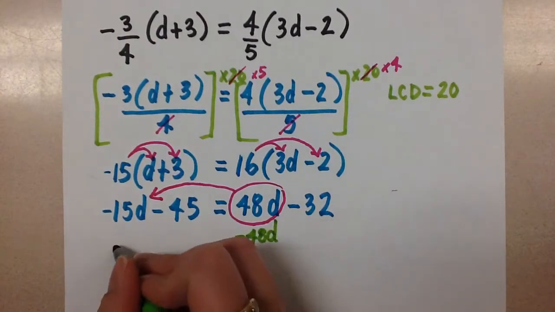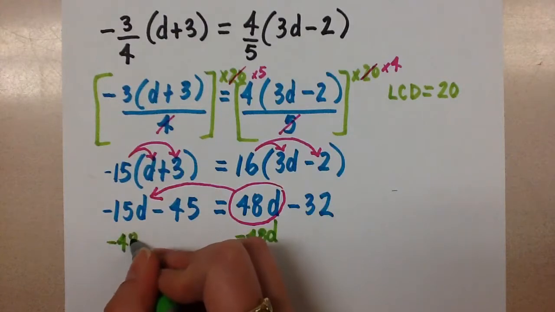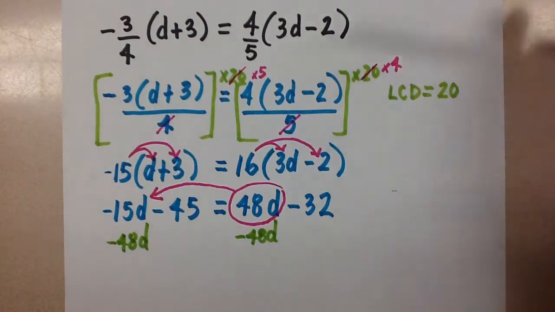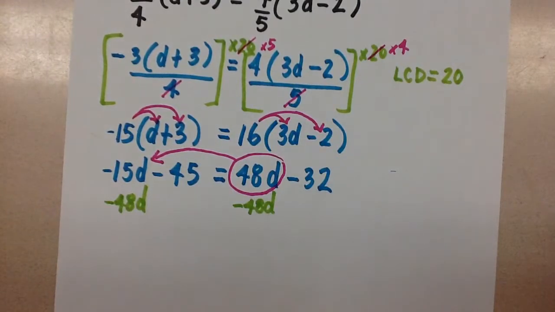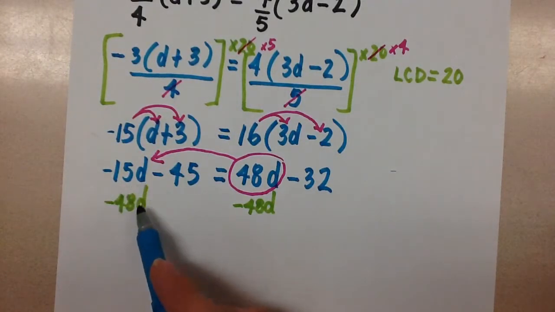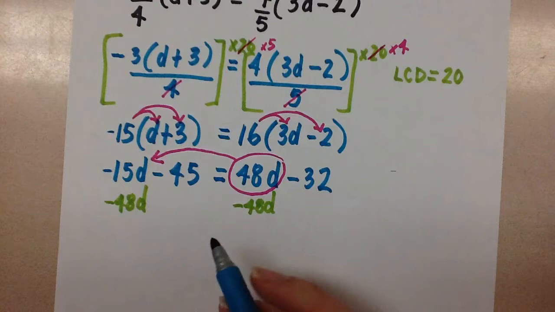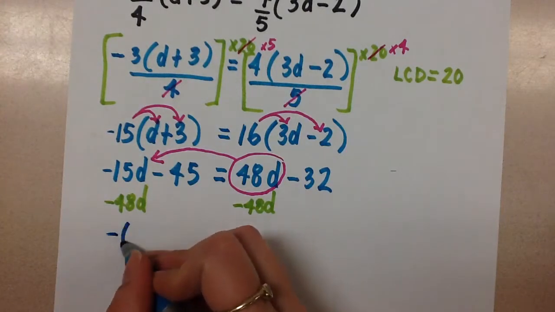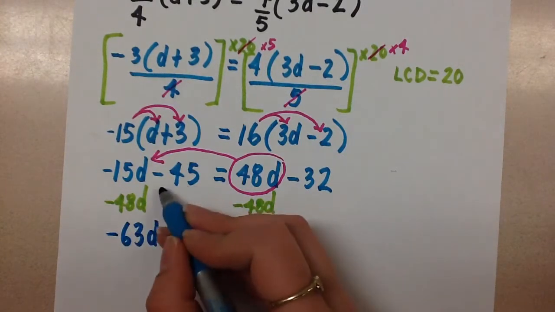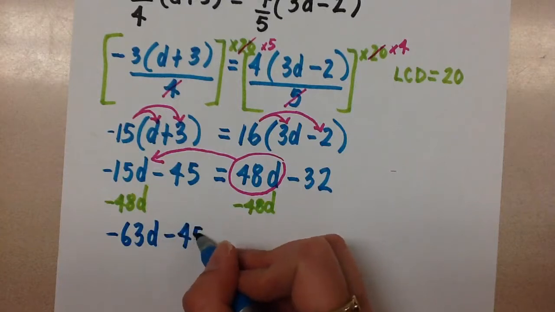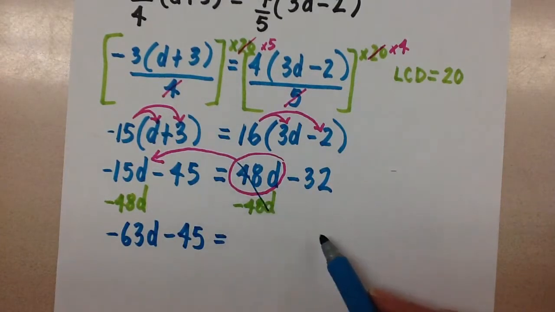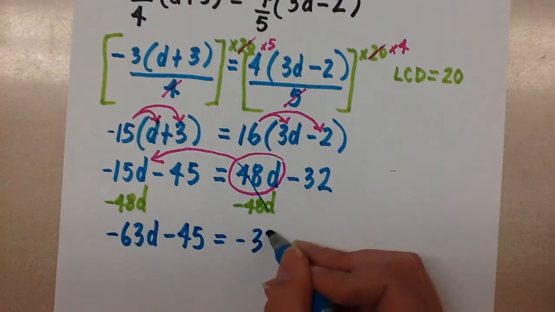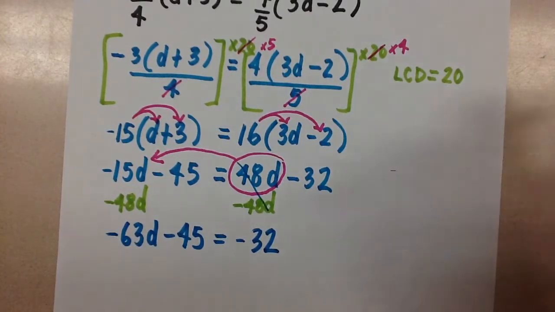If we do it on the right, we must do it on the left, like this. Negative 15d minus 48d gives us negative 63d. We still have the minus 45 on this side, equals, on the right-hand side this canceled, and we're left with negative 32.